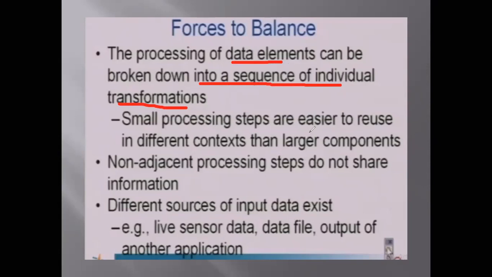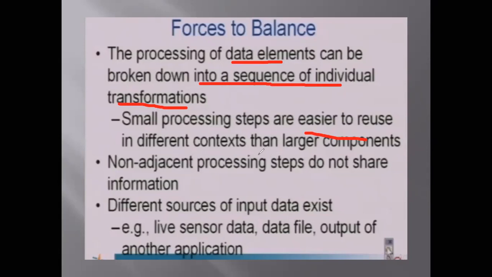Hence, the smaller processing steps are easier to reuse in a different context than larger components. Whenever I break it into a sequence of individual subtasks, these smaller steps are easy to implement and reuse.